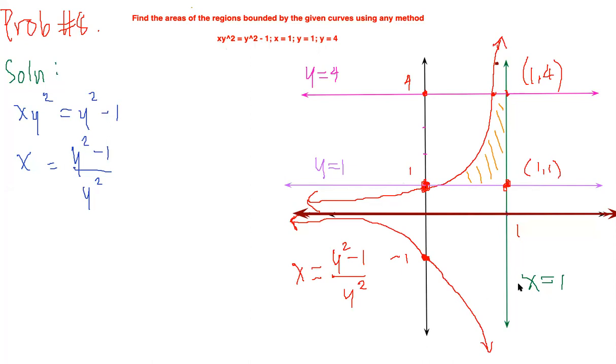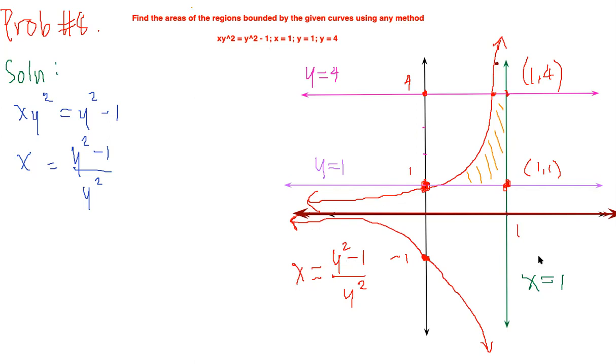Again, the curves were already sketched, assuming that you already knew how to sketch the graph. The red graph is our x squared is equal to y squared minus 1, wherein when we rewrite in terms of y, we have x is equal to y squared minus 1 all over y squared.